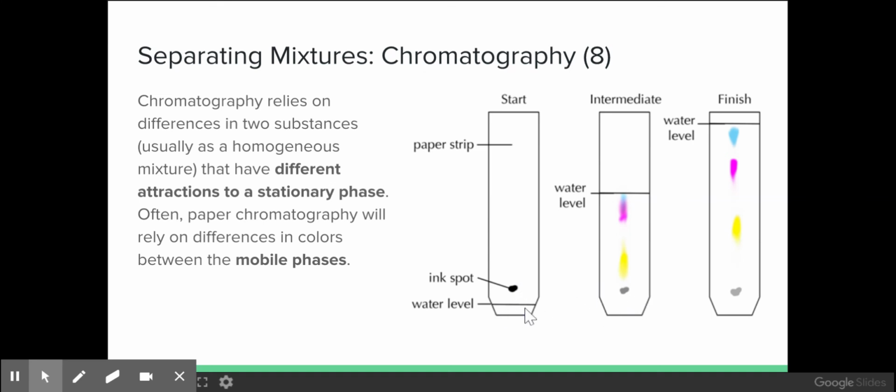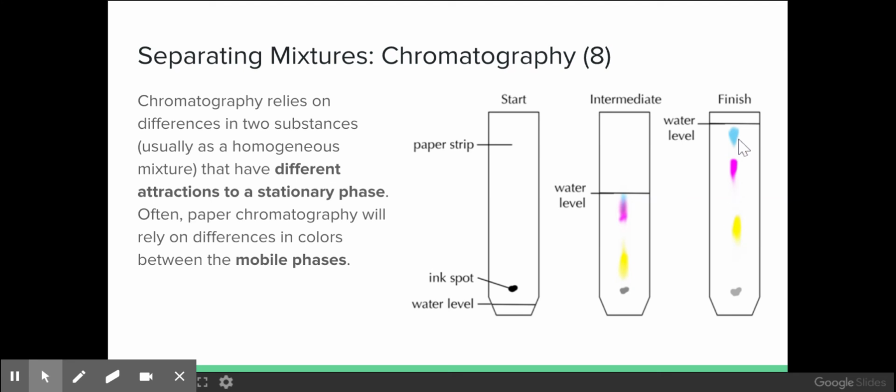The mobile phase, which could be water or it could be some type of rubbing alcohol, is placed at the bottom of this piece of paper, and it carries the compounds up the piece of paper. Then we can see, depending on the distance that the colors traveled, which of these colors had a higher attraction to the paper.